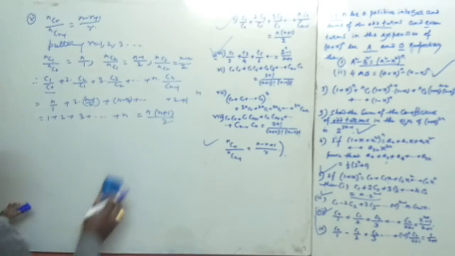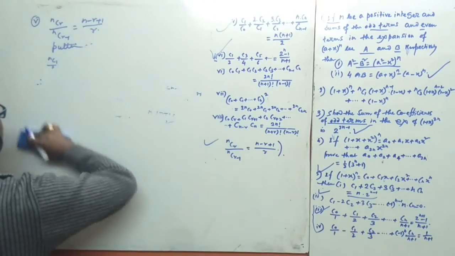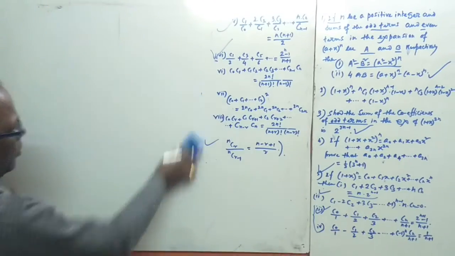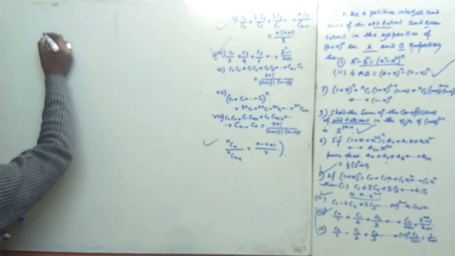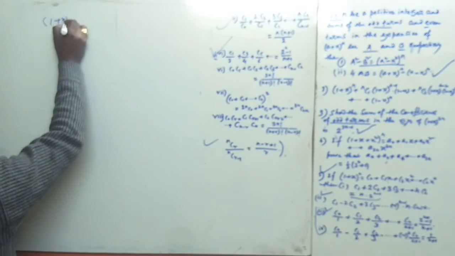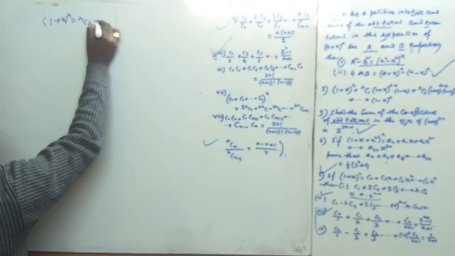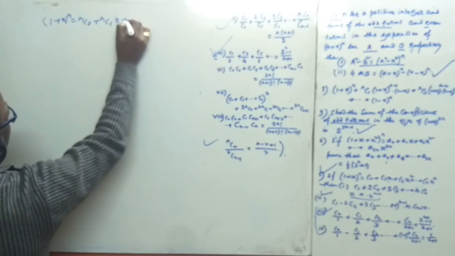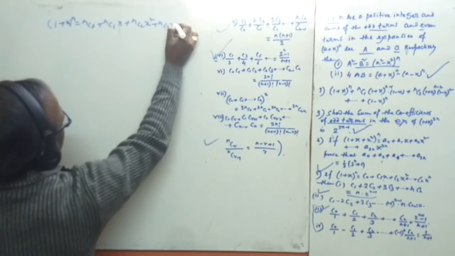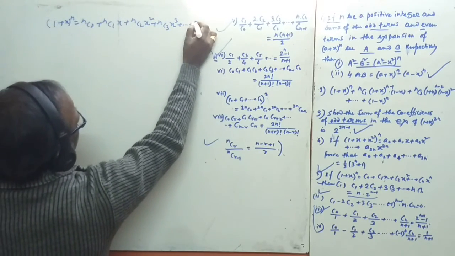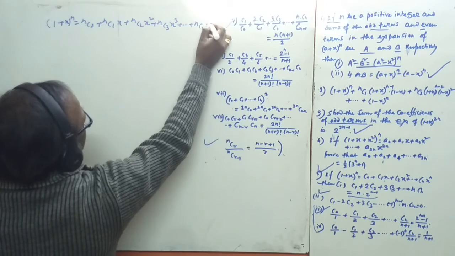And for question number 6, write here 1 plus x to the power n, that is nC0, nC1 x, nC2 x square, nC3 x cube, plus and so on, nCn x to the power n here.